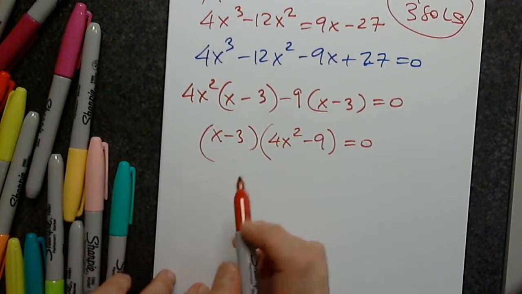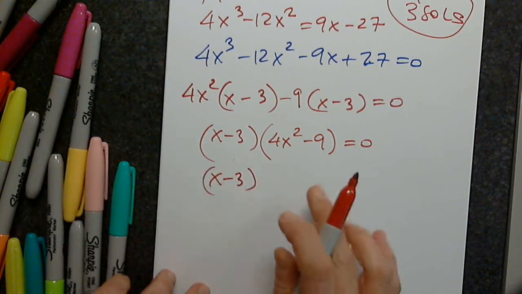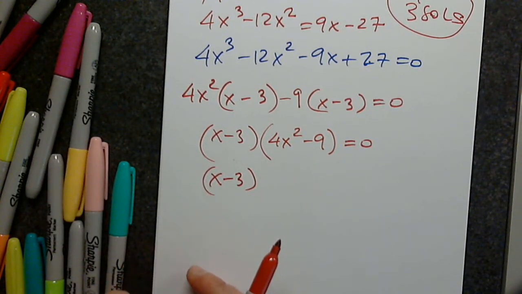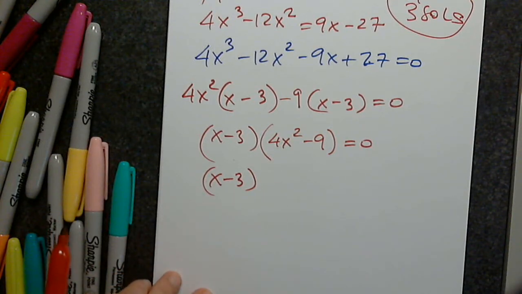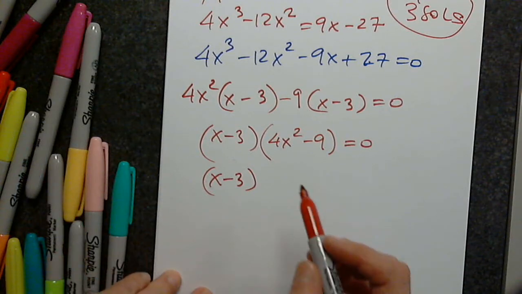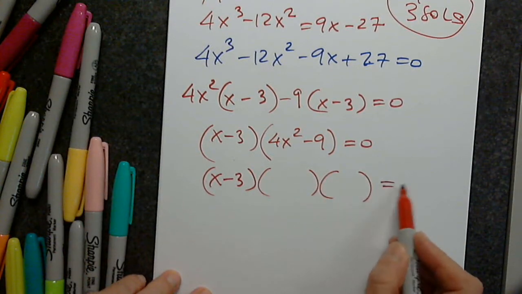Is x minus 3 factorable? No. Is 4x squared minus 9 factorable? Yes. Excellent. What type of polynomial is it? Is it a special product? Absolutely yes. What type? It's the difference of squares.